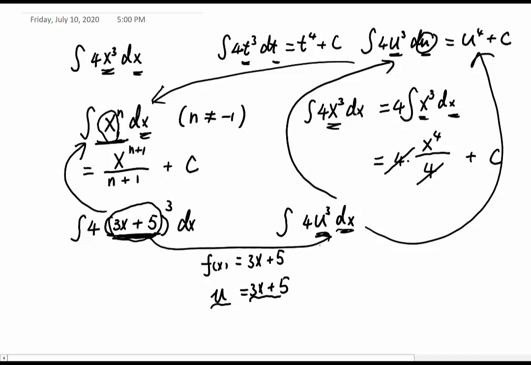Then after substitution, we change everything to be u, including dx, which will be du. After that, we may be able to solve it. Instead of starting from the beginning where we cannot solve it, we change a variable and we are able to solve it. That's the idea of the U-substitution.